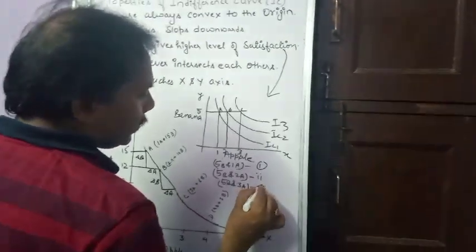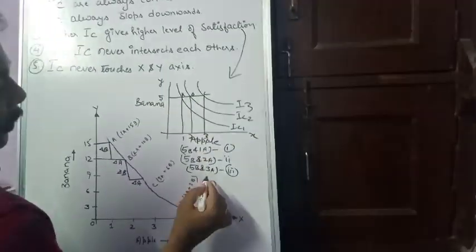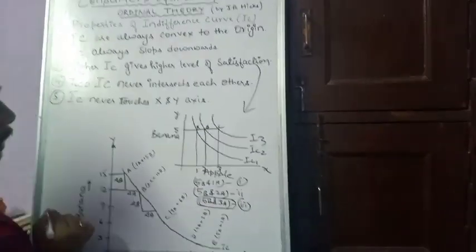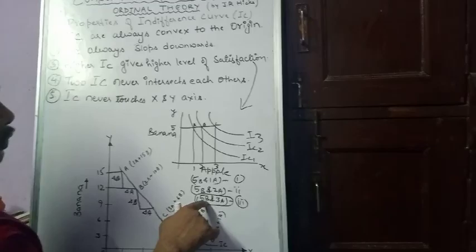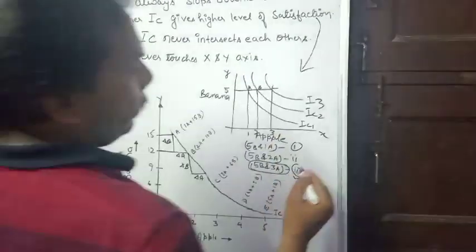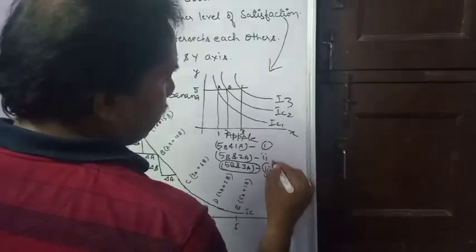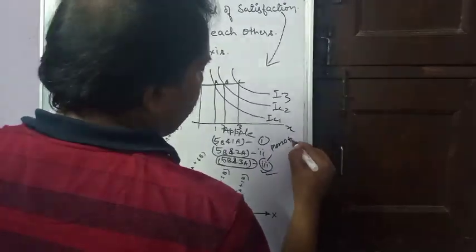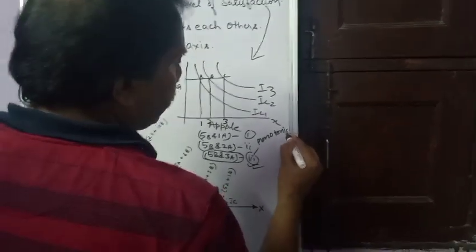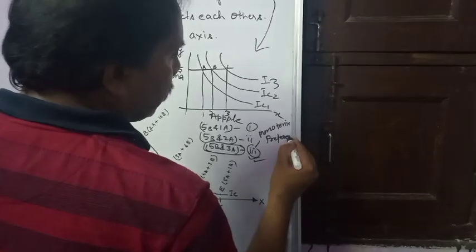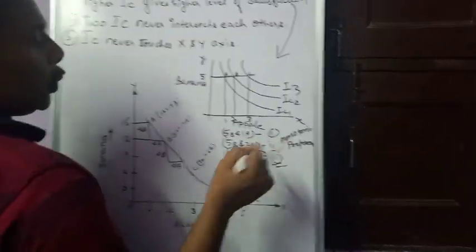So every consumer wants to take only the third combination. Every consumer is ready to buy the third combination because it indicates monotonic preferences.